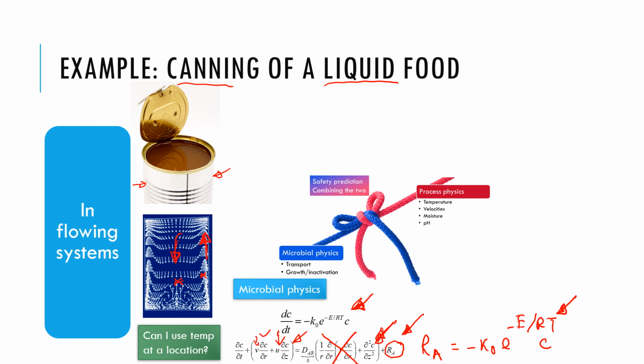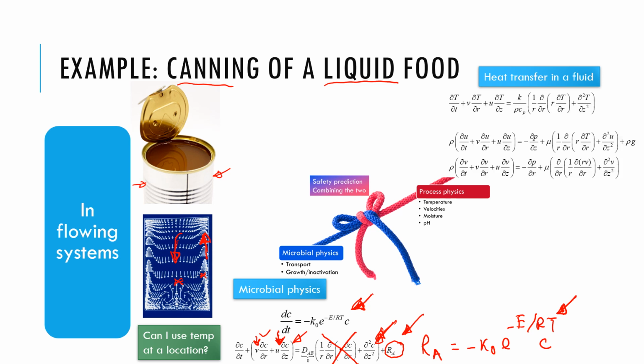I also need its velocities. So how do I get that? The temperatures and the velocities. Assuming the bacteria is simply passively carried by the fluid, these temperatures and velocities are the same as that of the fluid at that same location, and therefore they will come from the process physics.